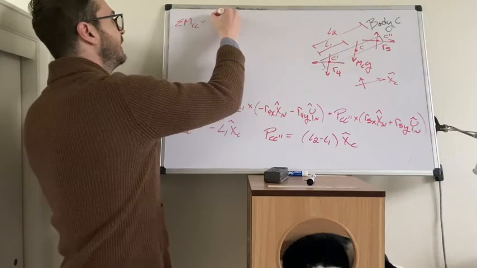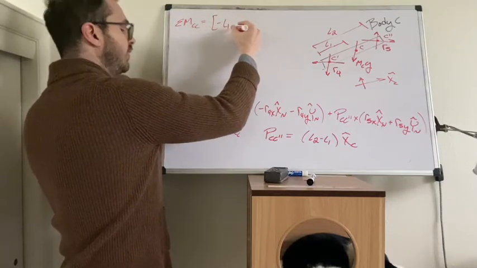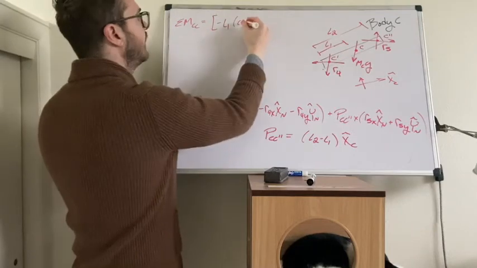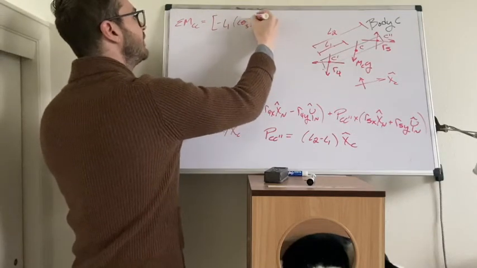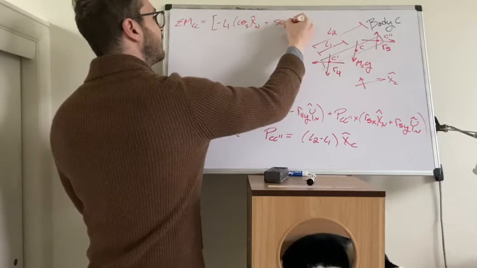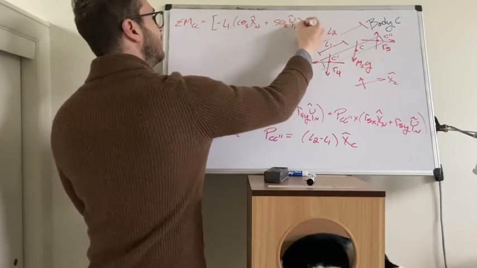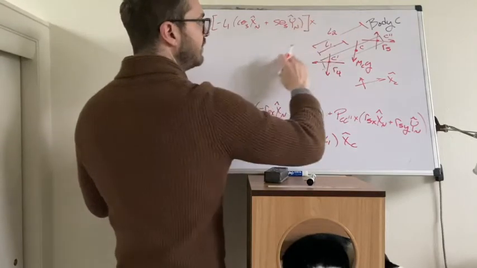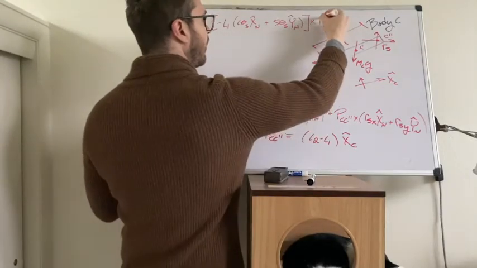So it's negative L1, and this is going to be cosine theta 3 xn, sine theta 3 yn, and that is cross R4.